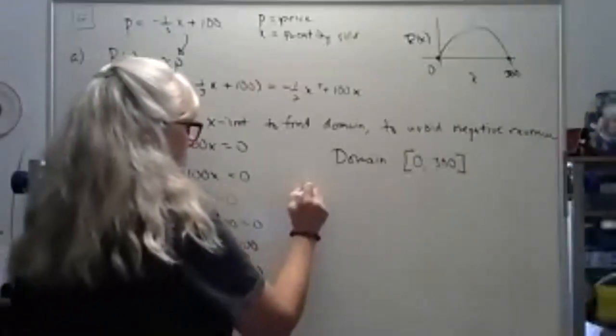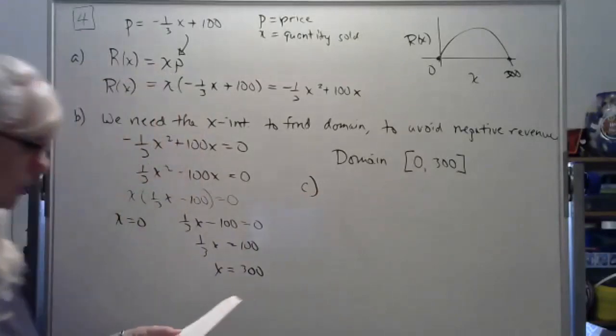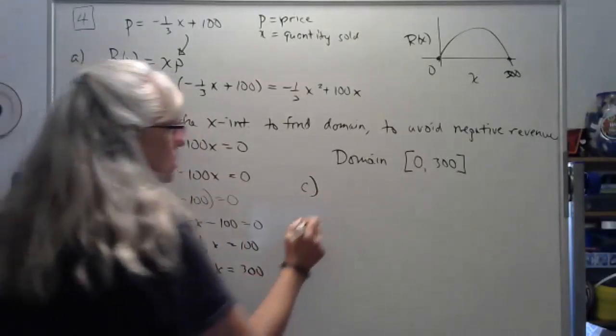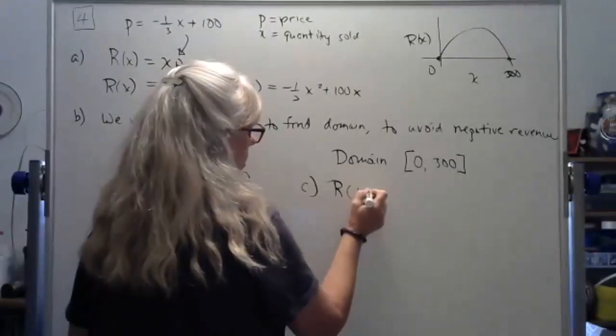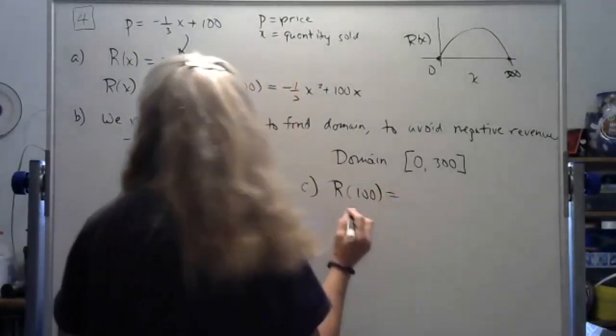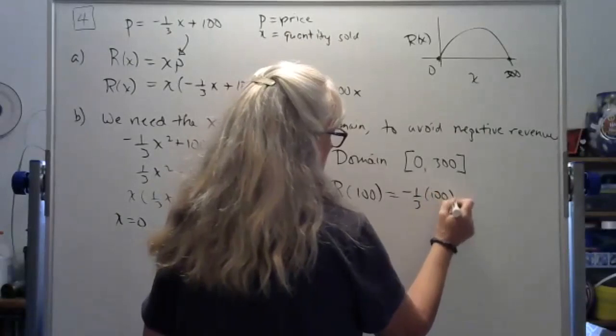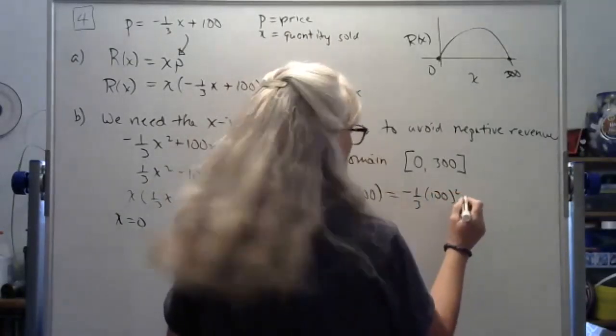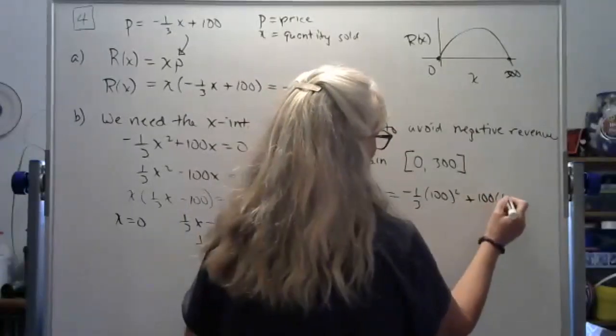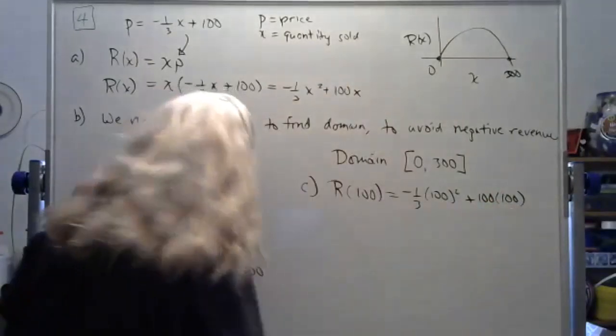It's got multiple parts. Part C says, what's the revenue if 100 units are sold? So R of 100, you just plug in 100. So that would be negative 1/3 times 100 squared plus 100 times 100, and make sure I'm picking up the right function.